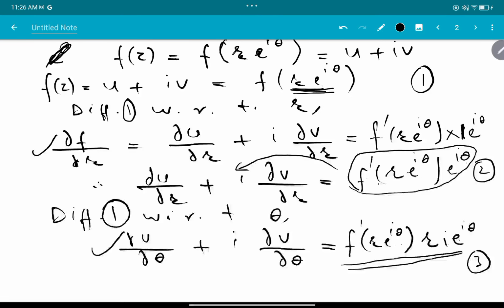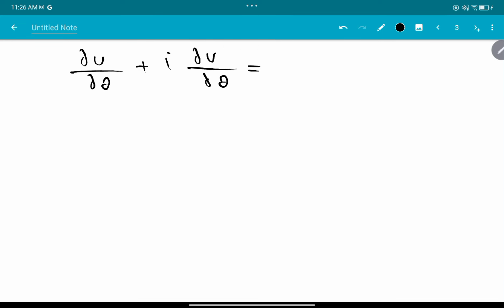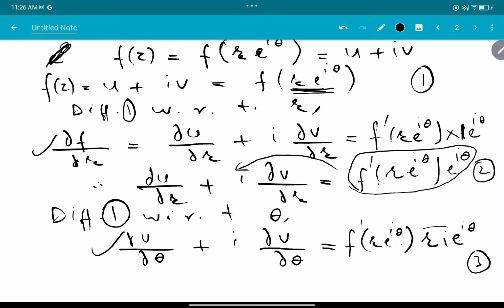I will first take r and i to one side. Let me keep them at the front: r i. Then I will move inside. Just one minute. I have taken out, then I am left with exactly this quantity, and that is equal to this del u by del r plus i del v by del r.